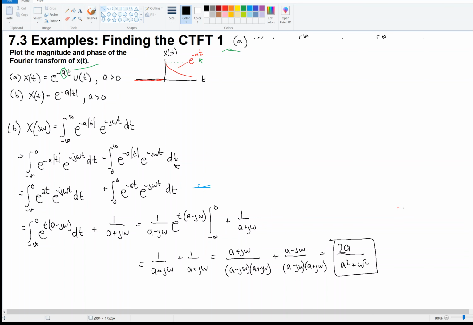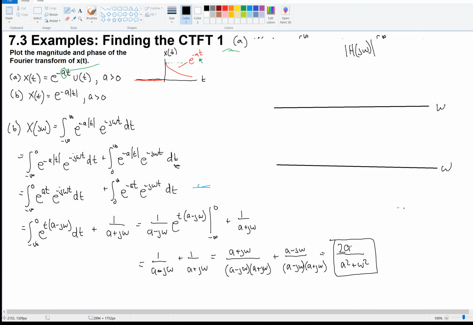Now, this thing happens to be real. It's purely real. There are no j's hanging around there. I can plot the magnitude and the phase, but the phase plot is going to be trivial, being that it's real. So this is omega. No matter what value I plug in for omega, this whole expression is positive because we said that a is greater than 0.